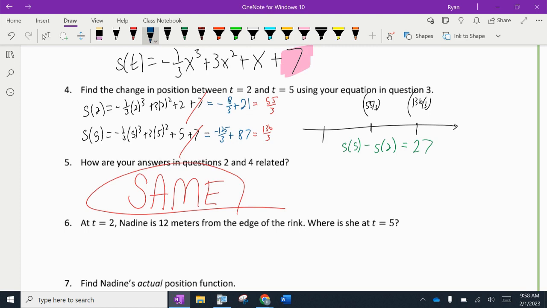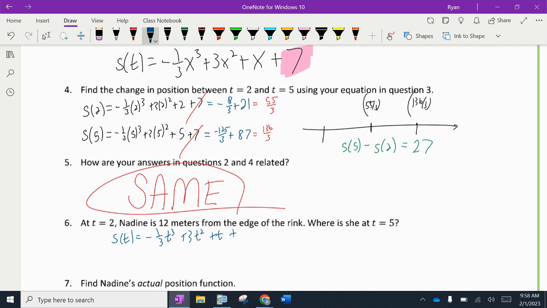They're saying actually when t equals 2, Nadine is 12 meters from the edge of the rink. So let's take this S of t equation. S of t equals -1/3 t cubed, should be t cubed, not x, plus 3t squared plus t plus, I put +7.